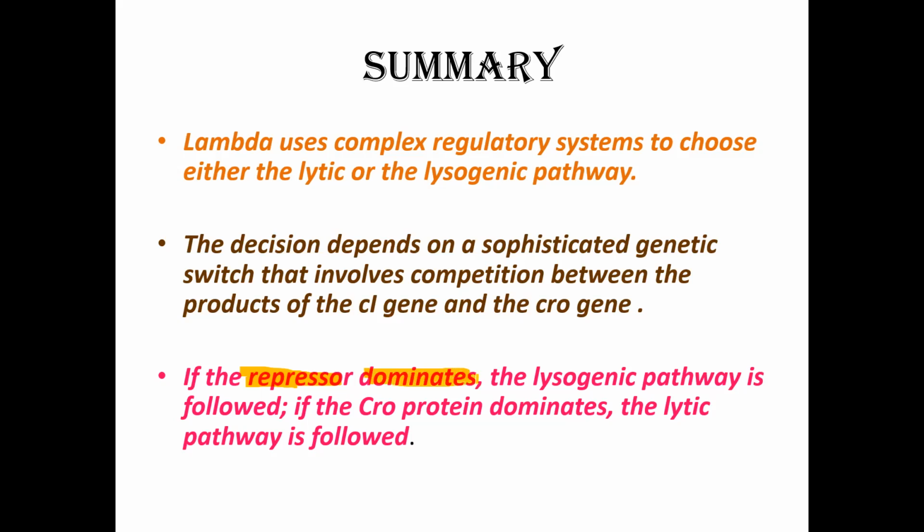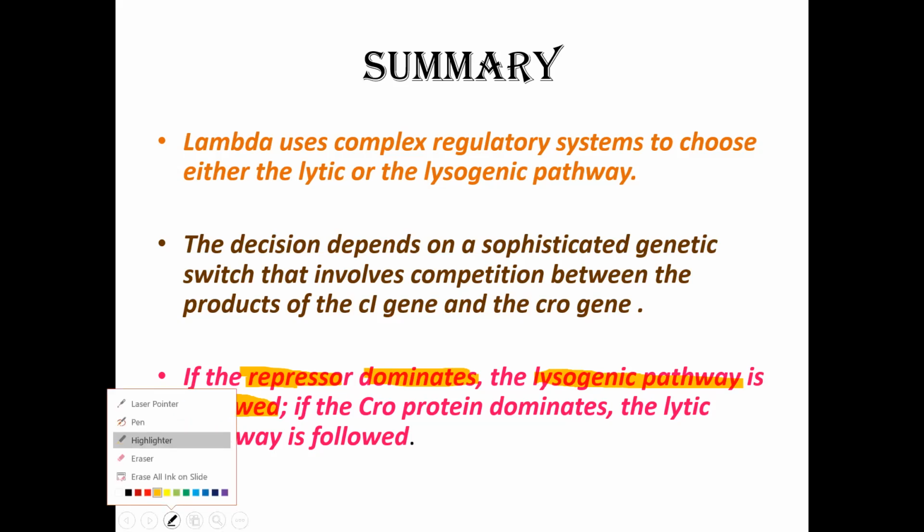It would occupy the operator left and operator right. It will inactivate promoter left and promoter right. It will keep only one promoter active, that is PRM, followed by integration of the phage DNA, that is lysogenic pathway will be followed if the repressor dominates, and it doesn't allow CRO protein to be made.